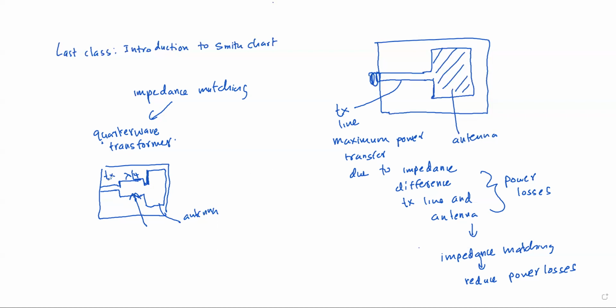The disadvantage here is mainly that this quarter wave transformer acts only for a single frequency, so it cannot be used for many frequency ranges. For a single carrier transmission, we will be able to use this.